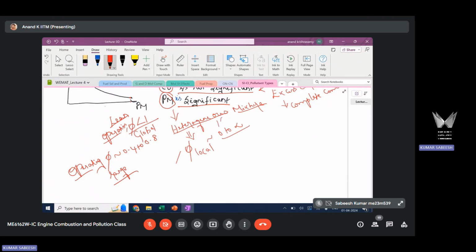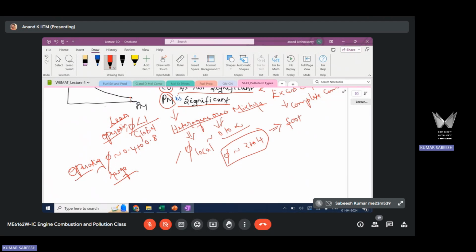Because of this mixture heterogeneity, you have a non-uniform mixture distribution in diesel engine. Inside the cylinder, you will very well have regions with Phi around 2 to 4. These Phi 2 to 4 regions are available inside the combustion chamber, and this is causing the soot, which is a major component of particulate matter.